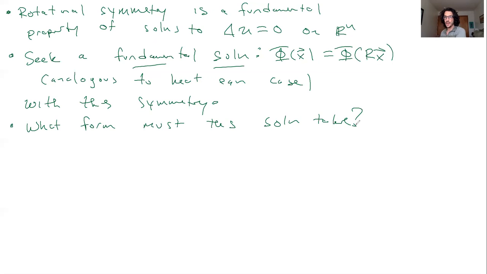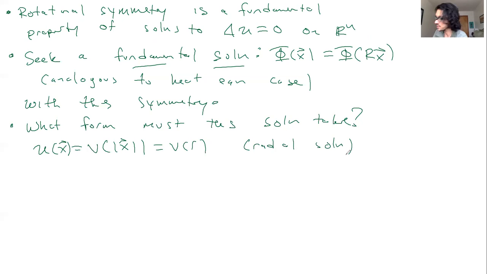What does it need to look like? It should only depend on the radial variable, right? So u of x should just be equal to some function v of the magnitude of x, or just v of r, just a radial solution. So that allows us to collapse the Laplace equation in n dimensions down to just a one-dimensional equation.